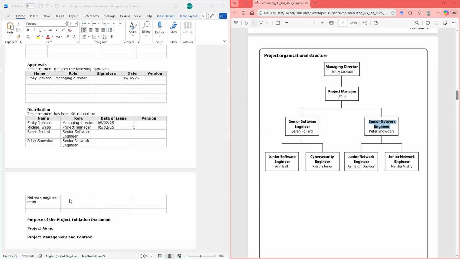The network engineer team's role is to work on the project or do tasks that are related to the project.